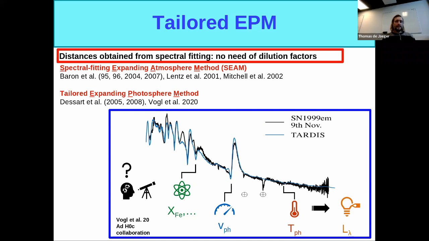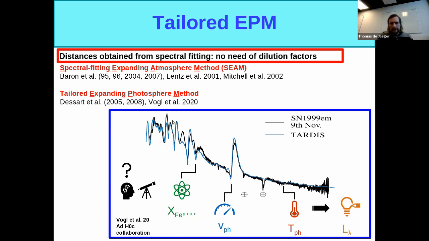But recently, Christian Vogt, in 2020, created an emulator based on Gaussian process modeling, which can predict a type 2 supernova much faster. So you can apply it to a lot of supernovae. And here I show you an example of how it works.